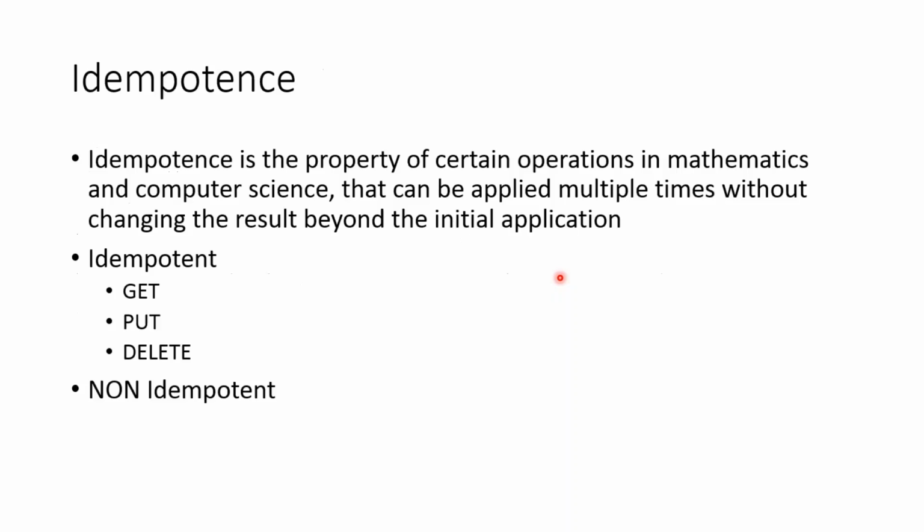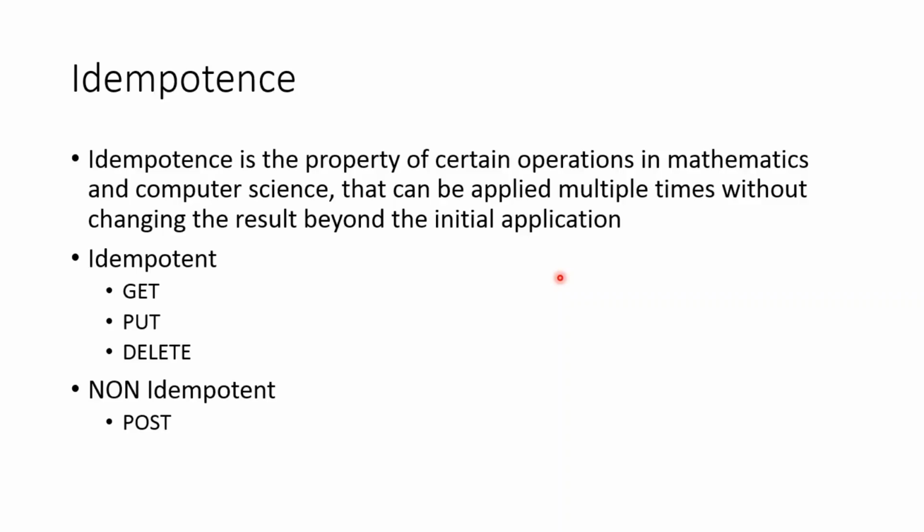Idempotence is the property of certain operations in mathematics and computer science that can be applied multiple times without changing the result beyond the initial application. Clear with this? So what is idempotent? Idempotence is, if you are sending the request multiple times, the net effect is zero.